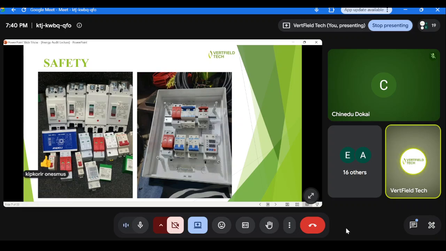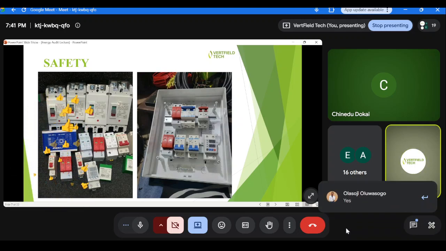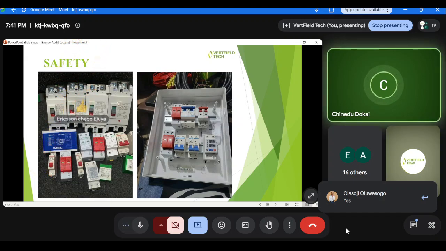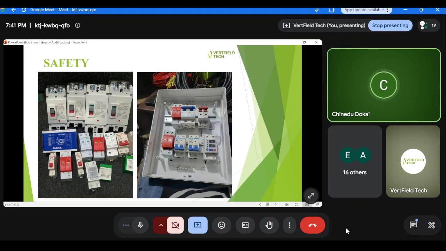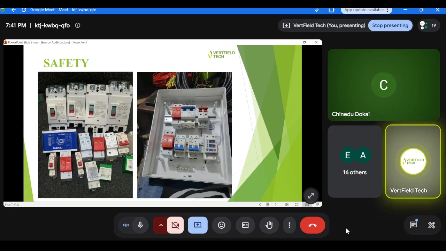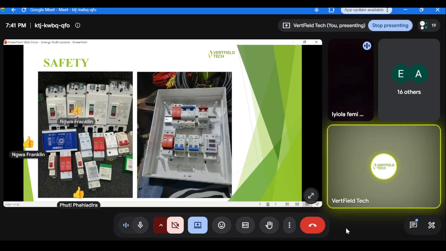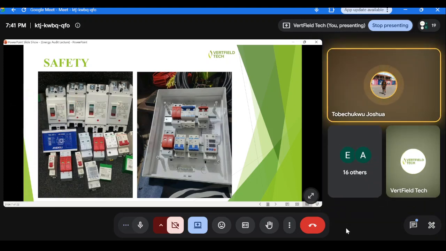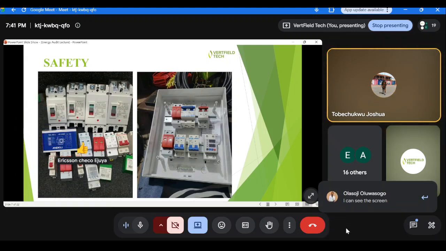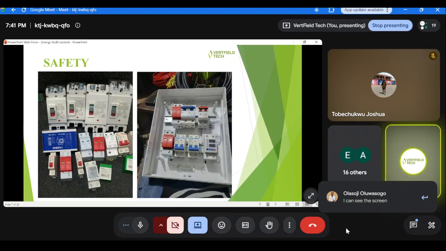Mr. Chinedu, can you see the screen? Actually, I can't see the screen, and my network is not fast enough. However, I opened the manual just to follow up on my laptop. Okay, so who can see the screen, please? I need to be sure that it's not my own network. Okay, Mr. Femi, you can see the screen. The screen is on, but it's not showing any information. Okay, hold on.